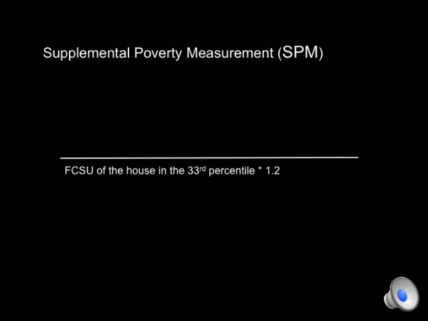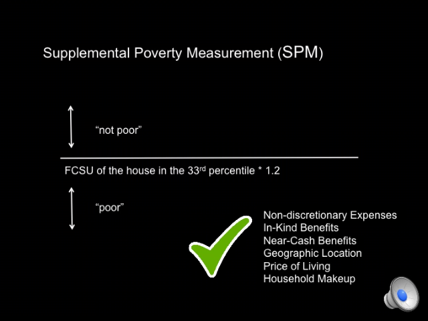Instead, the SPM identifies the spending on food, clothing, shelter, and utilities, noted here as FCSU, of the household in the 33rd percentile in the U.S., then multiplies this figure by 1.2 to cover any minor additional expenses. One is considered poor if they have less money than this number and not poor if they land above this line.